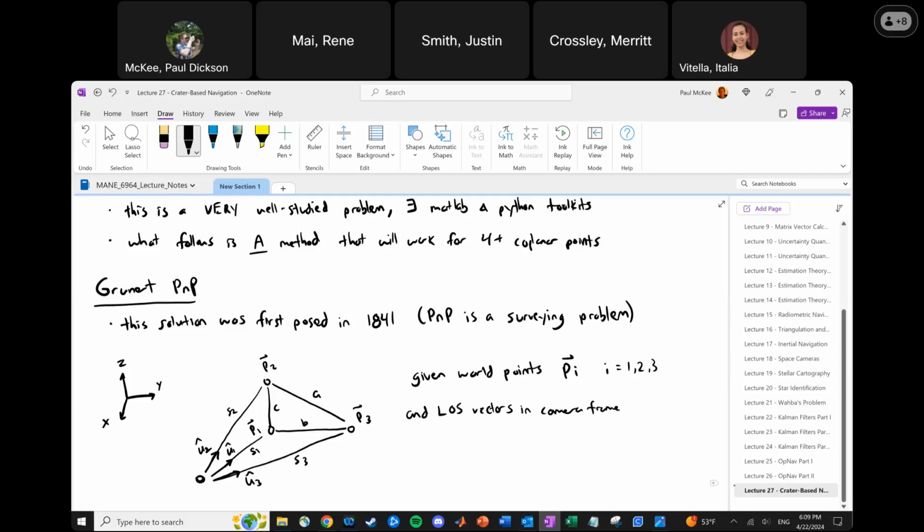I don't know that cameras existed in 1841. I feel like I should know the answer to that, but certainly not digital cameras. In this case, it could be a theodolite or some other sighting tool, right? And again, i is 1, 2, 3. And we are back to the hat, meaning that it's a unit vector. We seek the tetrahedron side lengths. The whole shape is a tetrahedron.